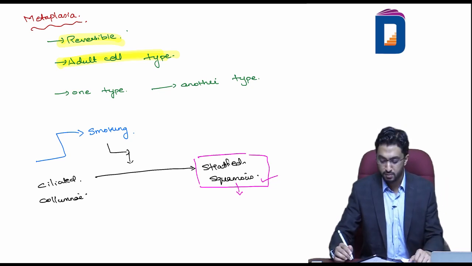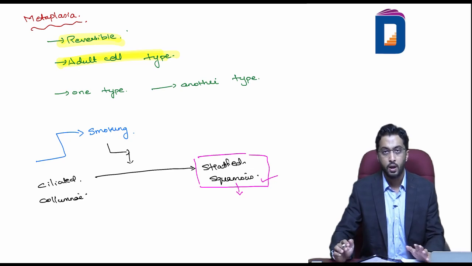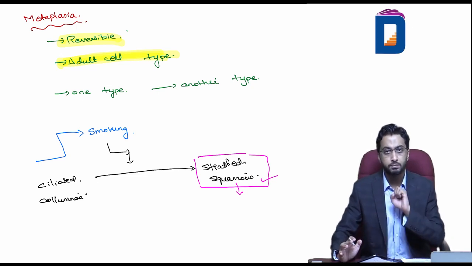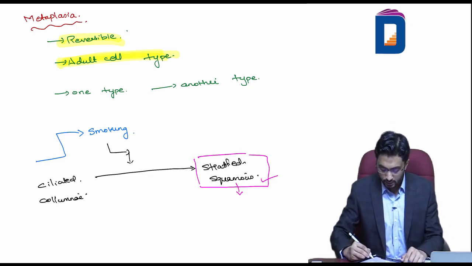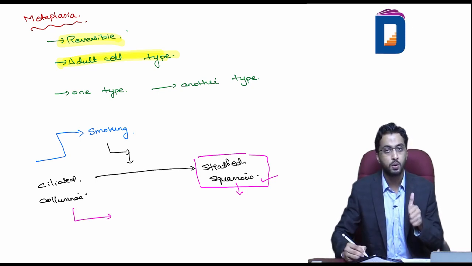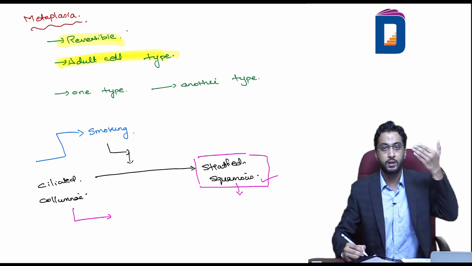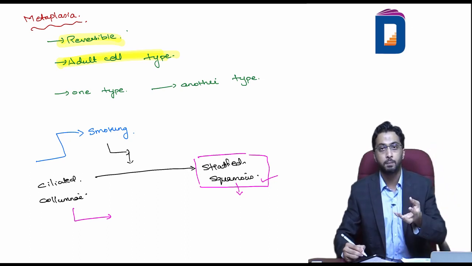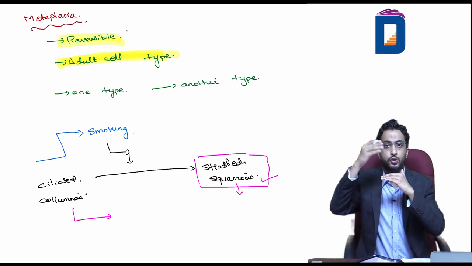But what is the problem of this stratified squamous epithelium? It's a good thing that it can withstand this noxious stimuli, but is there production of mucus? No. Is there cilia? There is no cilia in stratified squamous epithelium, and cilia push off the debris.